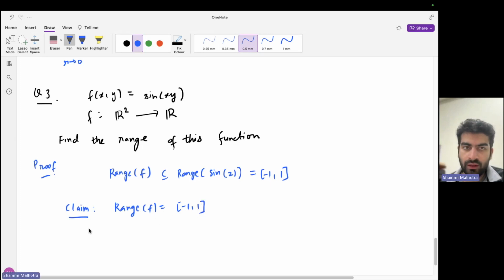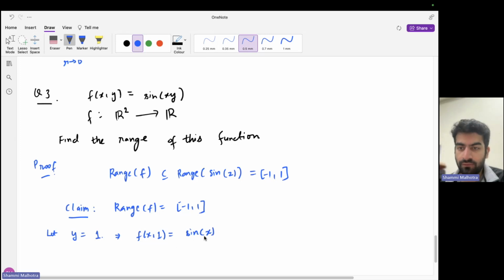What we can do here, our x and y could be any real number. So let me take y to be equal to 1, and we would like to see what happens when we vary x over the whole real line. Then this will imply my function f(x,1) would be just sine of x only, and my x can vary on the real line.